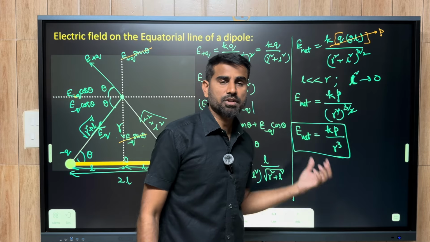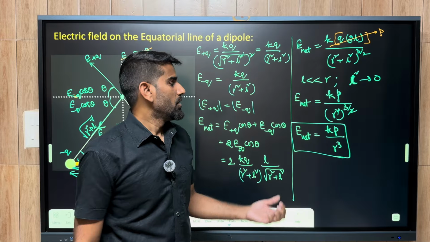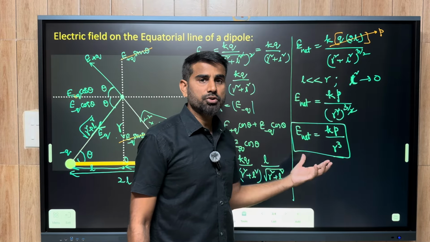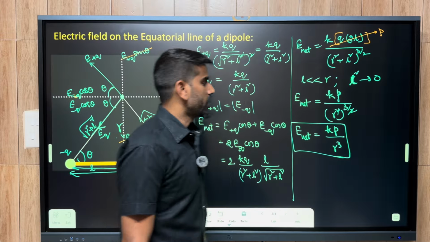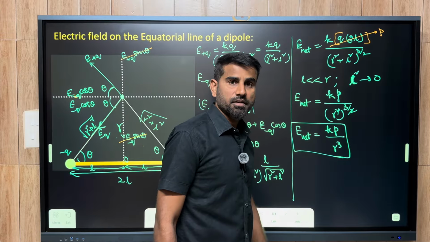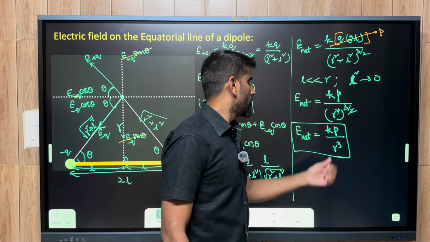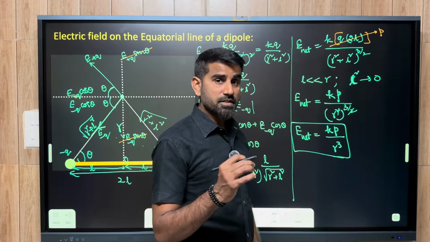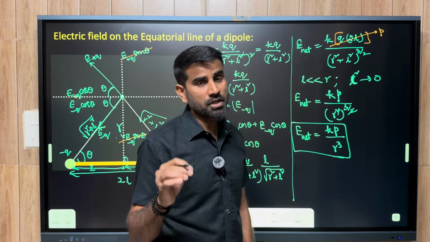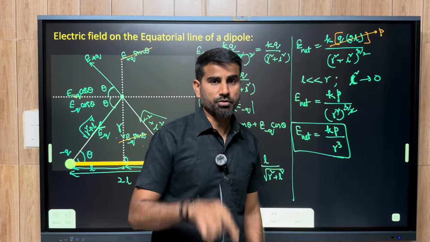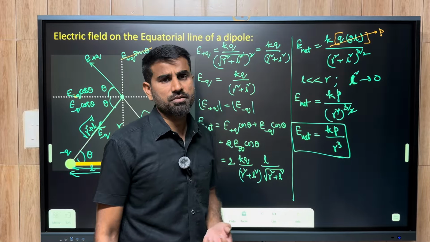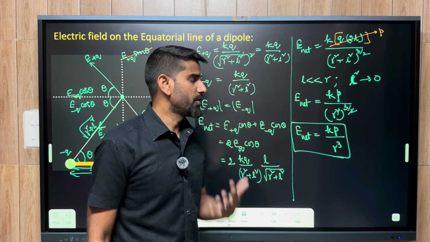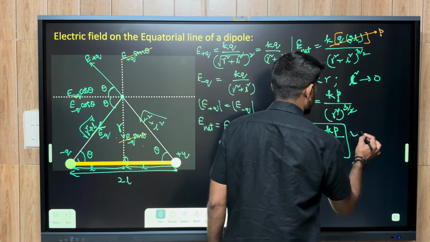This is the ultimate result for the electric field intensity on the equatorial line of an electric dipole, where P is the electric dipole moment, and R is the distance of the point from the center of the dipole, where K is Coulomb's constant, which can also be represented as 1 by 4 pi epsilon naught, as we all know.